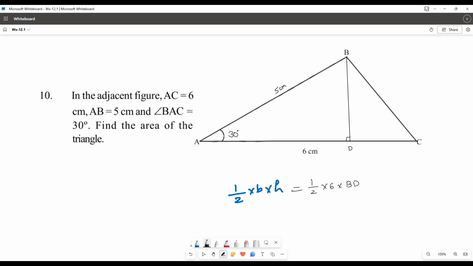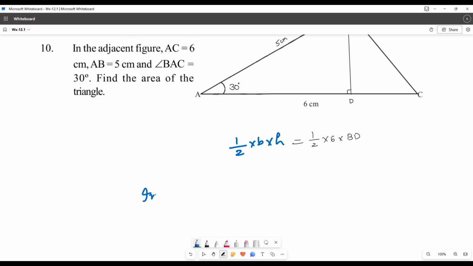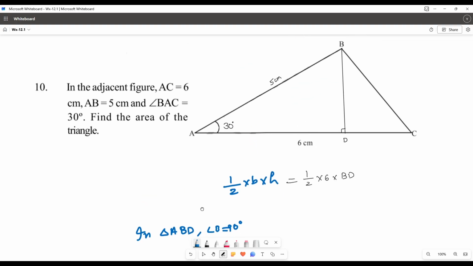Since BD is a perpendicular line, we have a right angle at D. So in triangle ABD, angle D is equal to 90 degrees, and we need to find the length of BD.